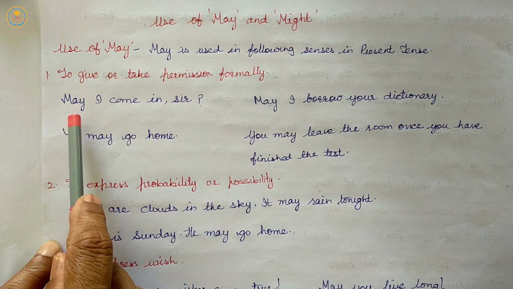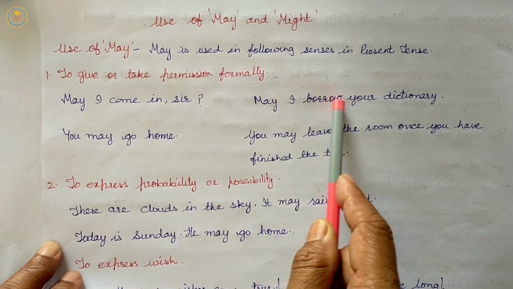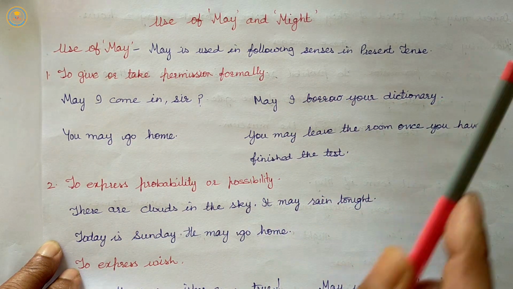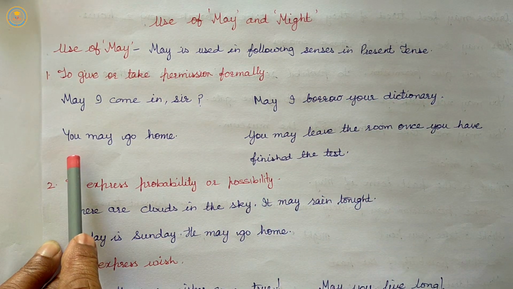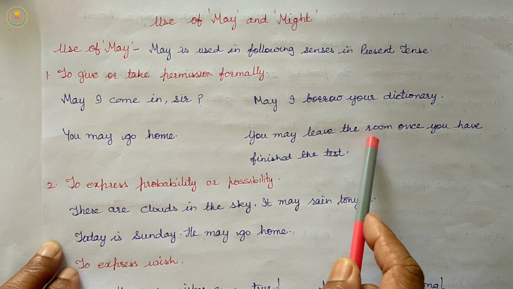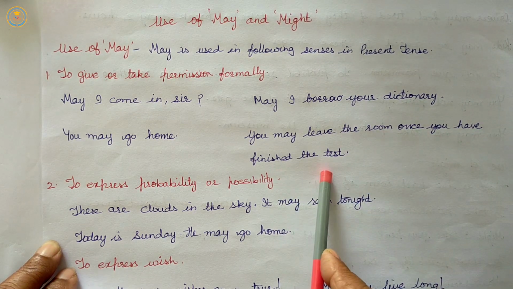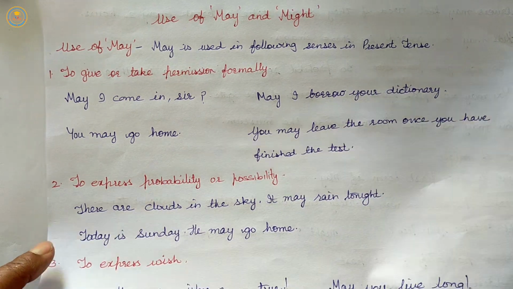Examples for permission: May I come in, sir? May I borrow your dictionary? To give permission: you may go home. You may leave the room once you have finished the test.